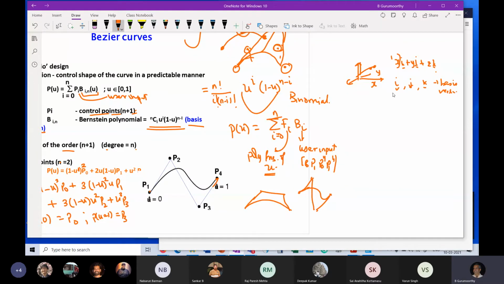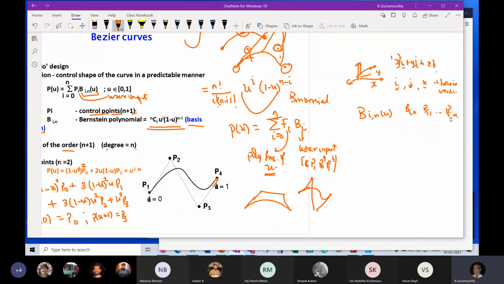In the same manner here, the B i,n of u are not 3 basis functions, but n plus 1 dimensional basis functions. And each of them, just like I have i, j, and k here, I have B i,0, B i,1, all the way till B i,n. These are my basis vectors or basis functions.